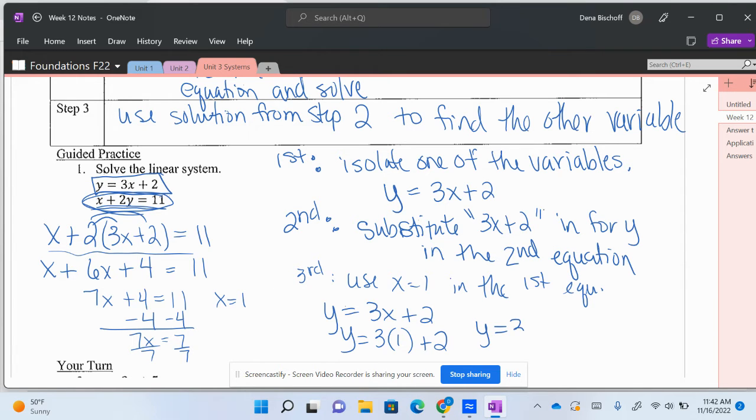So y equals 3 plus 2, which means y equals 5. So I have an x equals 1 and a y equals 5. What do I do with that? Write it as an ordered pair. (1, 5).